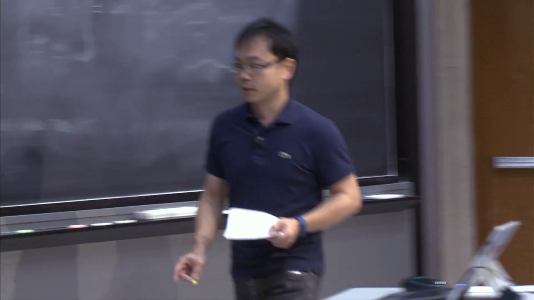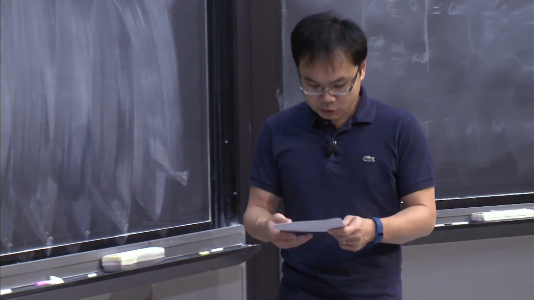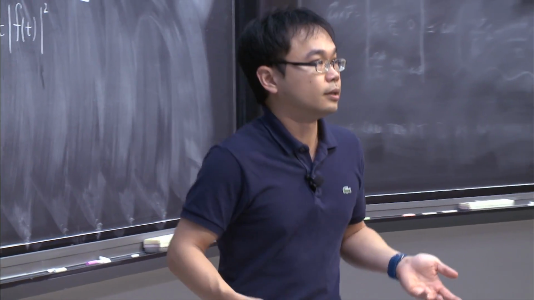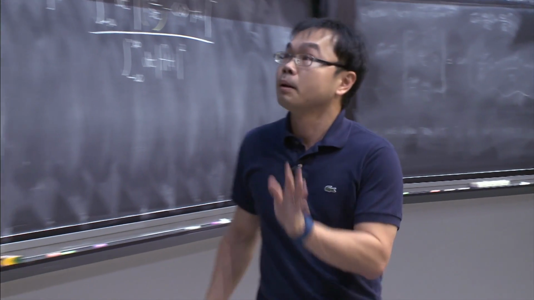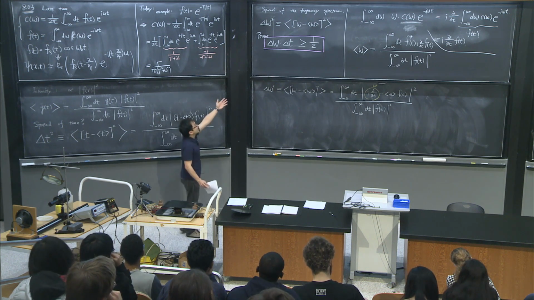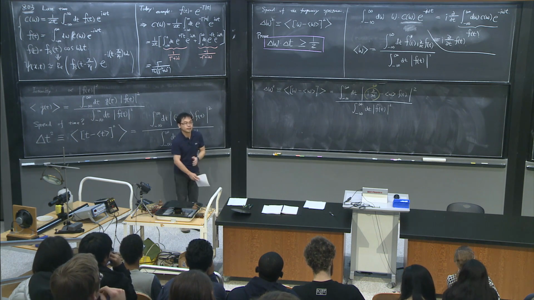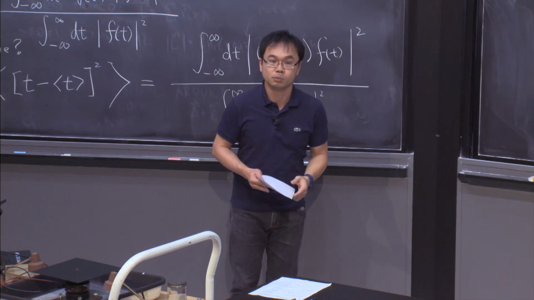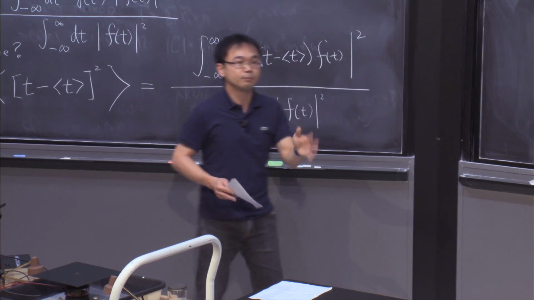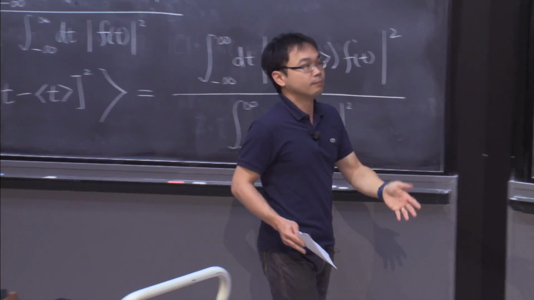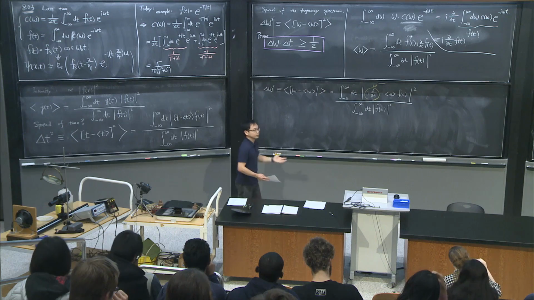Okay. All right. So those are just preparation, right? What we have done is that my goal is to show that delta omega times delta t is greater than or equal to 1 over 2. Okay, so that's my goal. And I'm preparing for that. And I have the definition of delta t and delta omega.